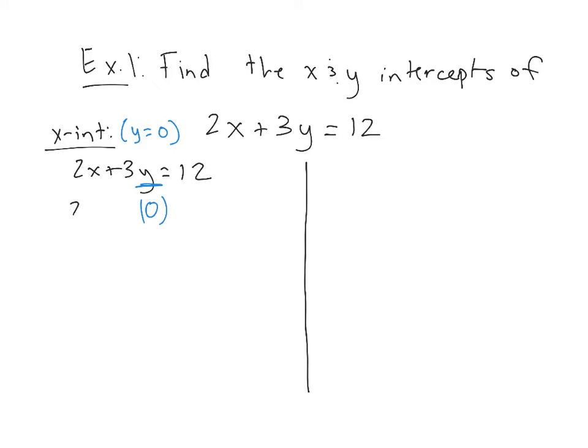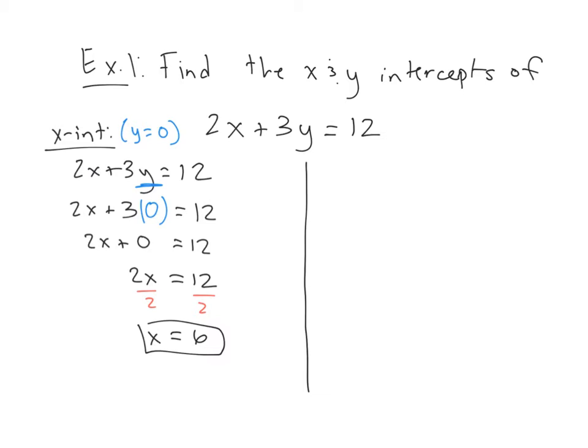So I'm going to be left with 2x plus 3 times 0 equals 12. So 3 times 0 is just 0, so 2x plus 0 equals 12. And if 2x is 12, I know I can undo a multiply by 2 by dividing by 2. And I'm left with x equal to 6.